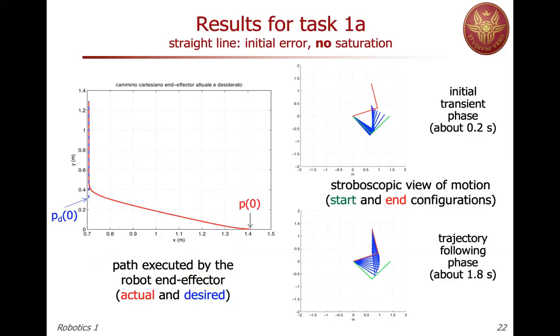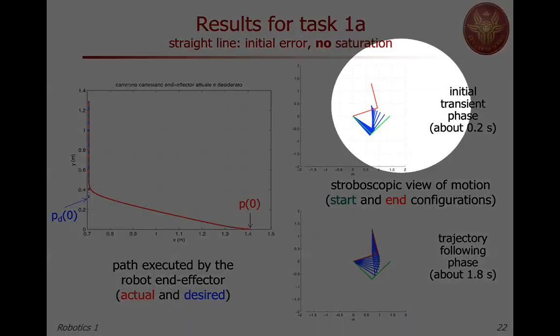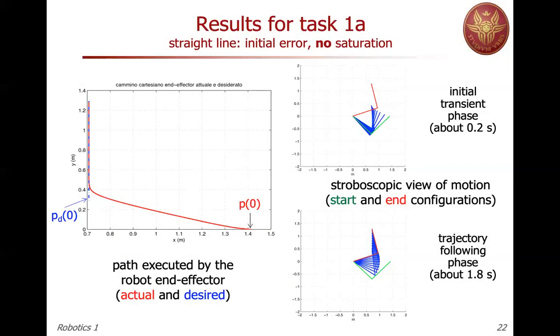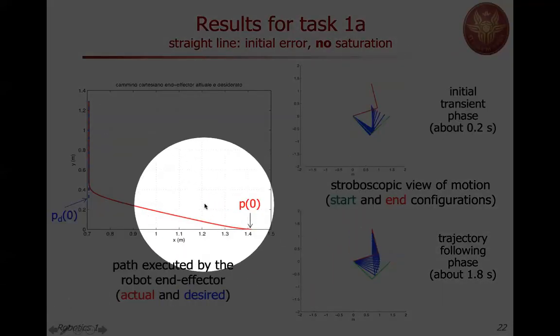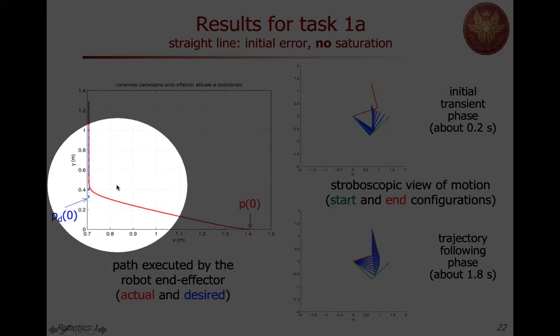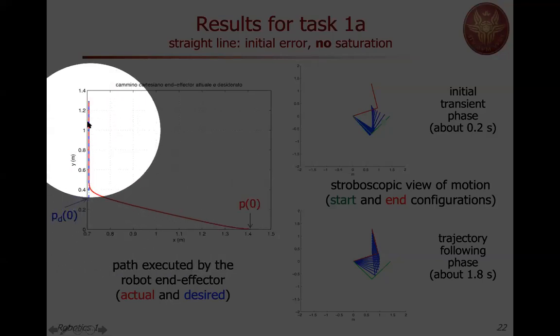So here you see on the left-hand side a non-time behavior, because it's just the picture from above of what's going on. Here, you see the dashed blue line going up.